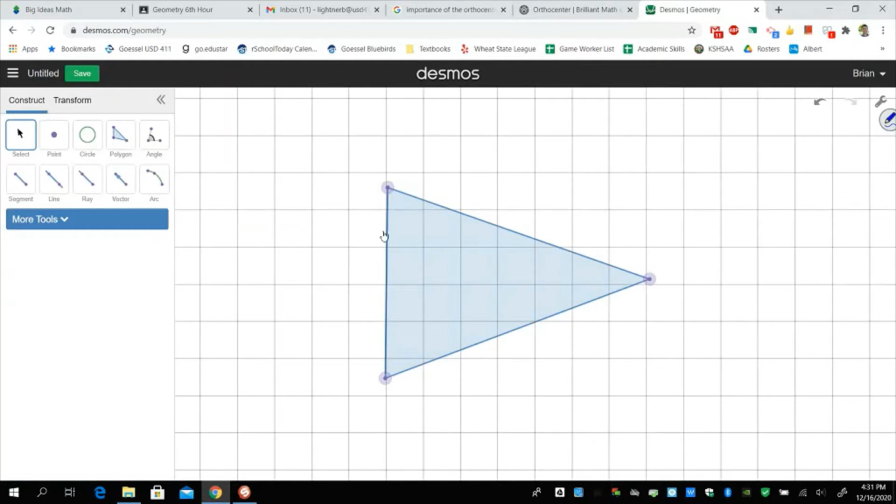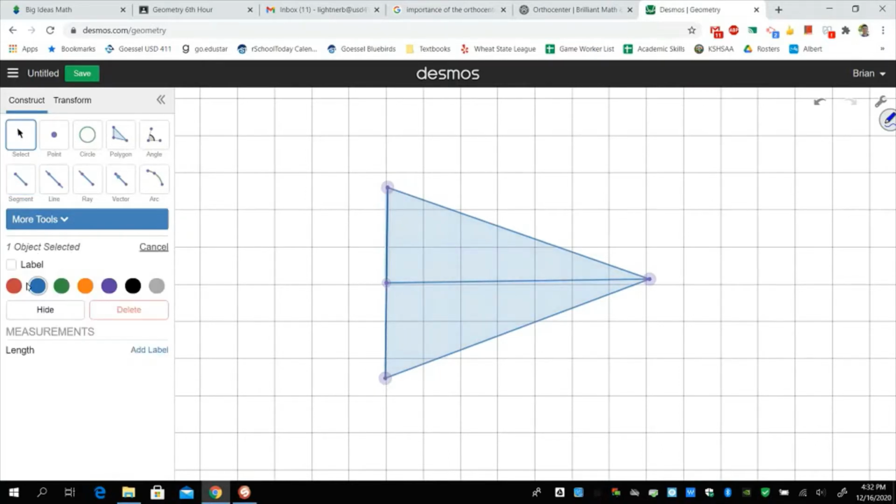So if I want to do a median, I have to select a side, and then I can find a midpoint. And then my median segment would go from there to there. And we can check the median. What you have to do is put segments over this part and this part. And then you can select that specific thing, and you can find the length. Oops, not the whole length.